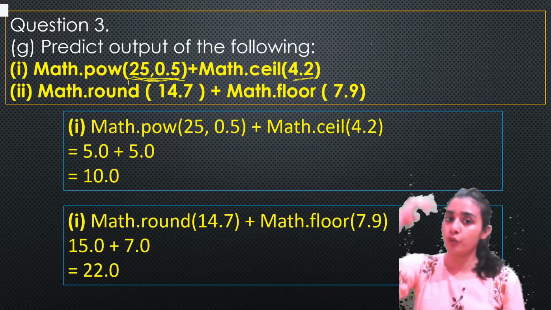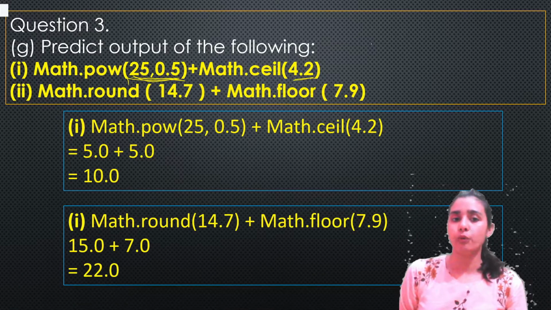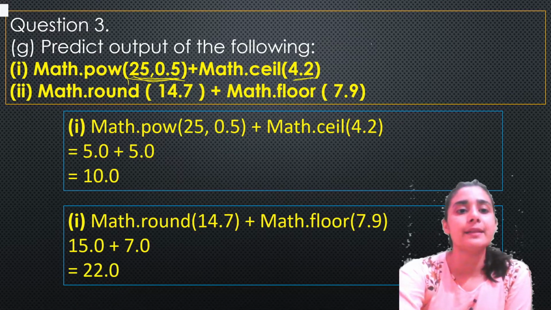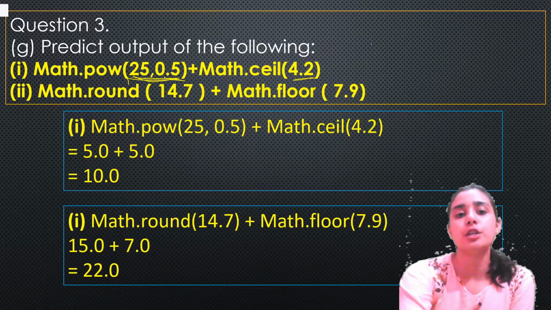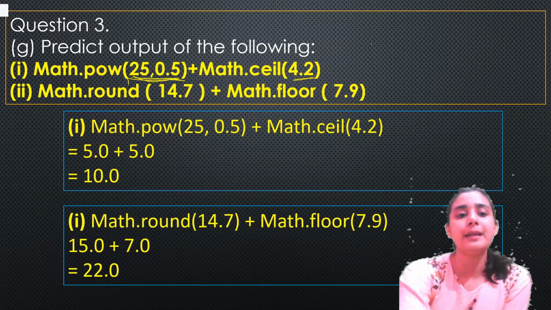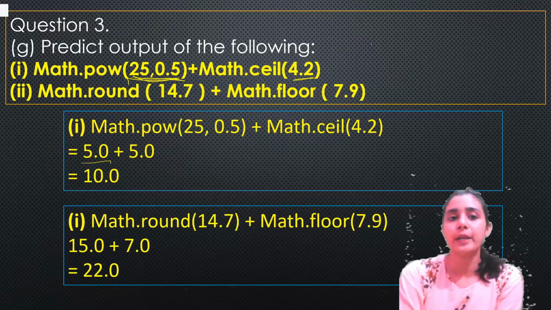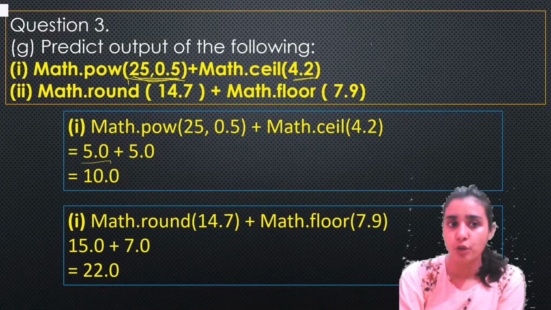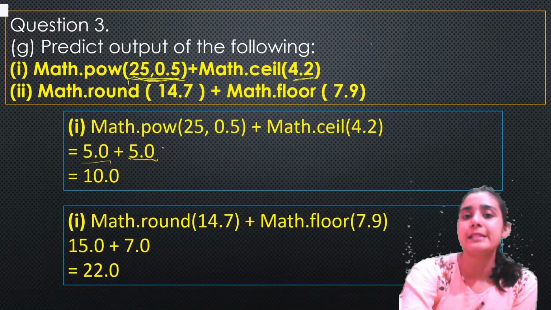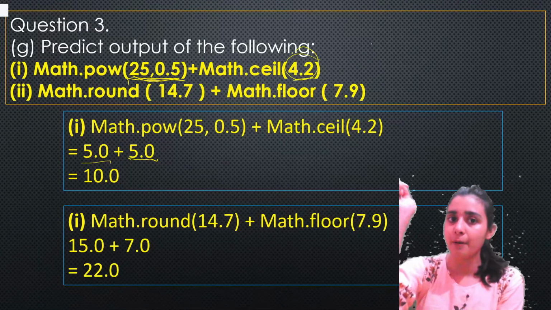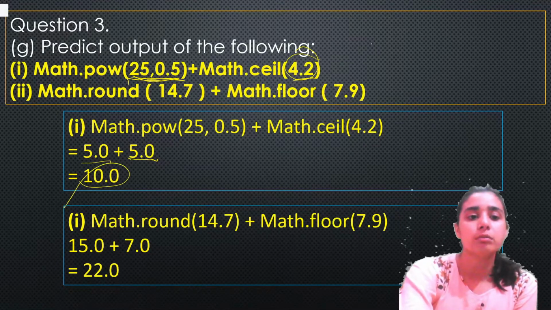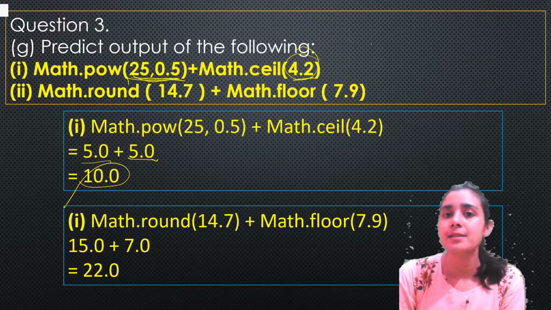Ceil means the upper value, floor means the down value. So this will be considered 5.0, plus 5.0, because 4.2's upper value is 5. So here 10.0 is our answer.